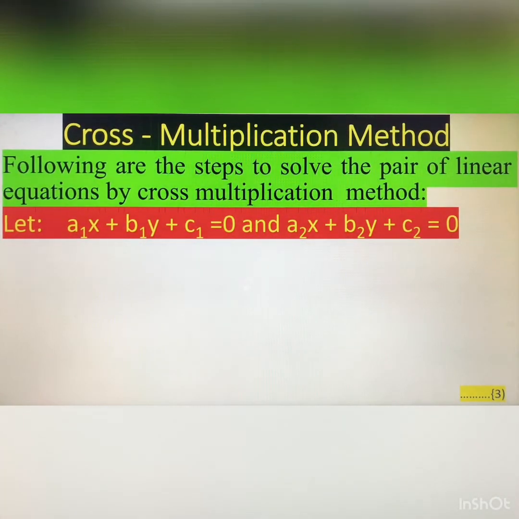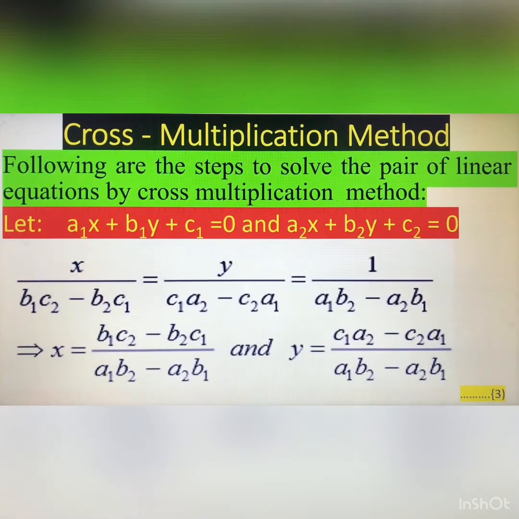the cross multiplication method. Following are the steps to solve the pair of linear equations by the cross multiplication method. Let us take the system a1x plus b1y plus c1 equal to 0 and a2x plus b2y plus c2 equal to 0. So dear, we will write it as x upon b1 c2 minus b2 c1 equal to y upon c1 a2 minus c2 a1 equal to 1 upon this one.